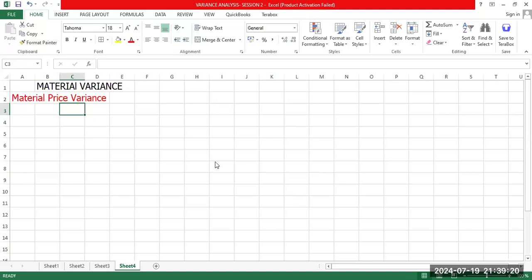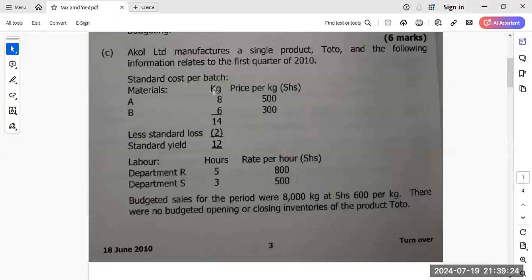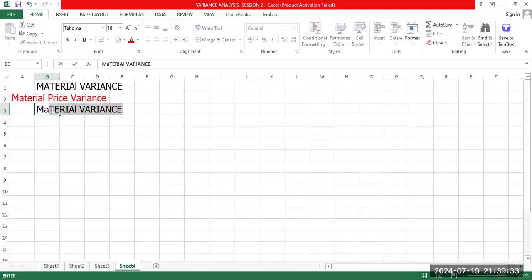In this question, our materials are measured in terms of kgs. So the question, if you're looking at different materials, you will start with material A. Material A, you're planning to incur how much on every kg you purchase?